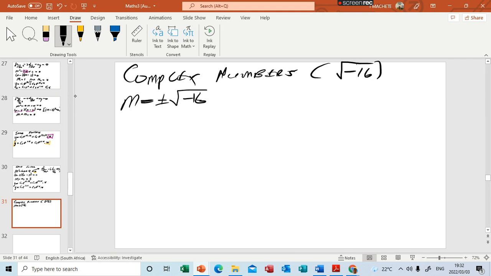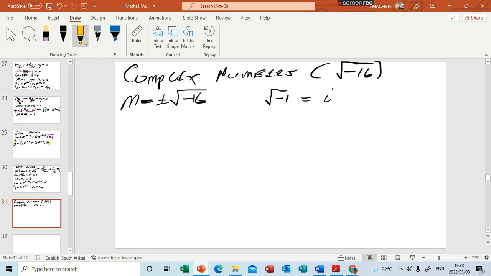Because you can't find the negative square root, you must remember from your basic maths that the square root of a negative number is i. This i means your imaginary number. So you replace the square root of -1 with i.